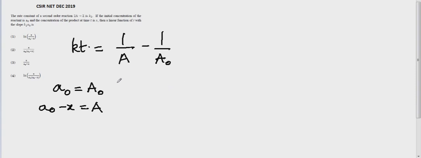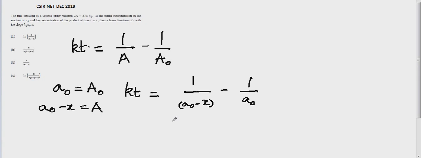So we get kt is equal to 1 by (A naught minus x) minus 1 by A naught.